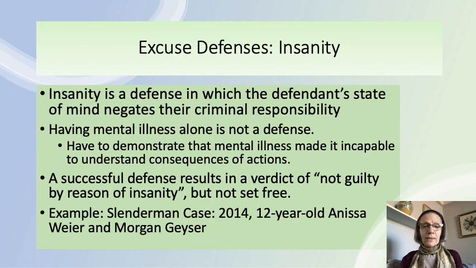They were initially charged as adults for attempted first-degree homicide, but as the case went on, they were finally found not guilty by reason of insanity. Both were committed to mental health institutions. Just recently, Anissa Weir was released, but Morgan Geyser is still confined in an institution.